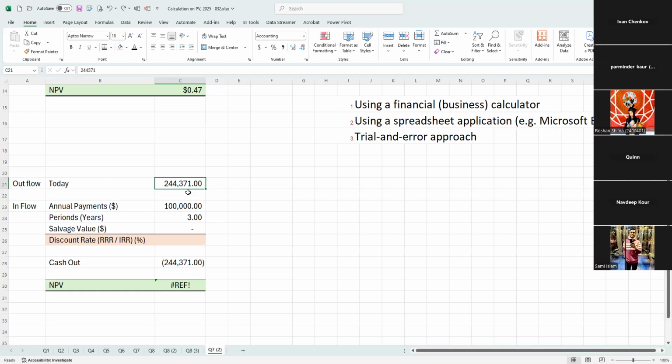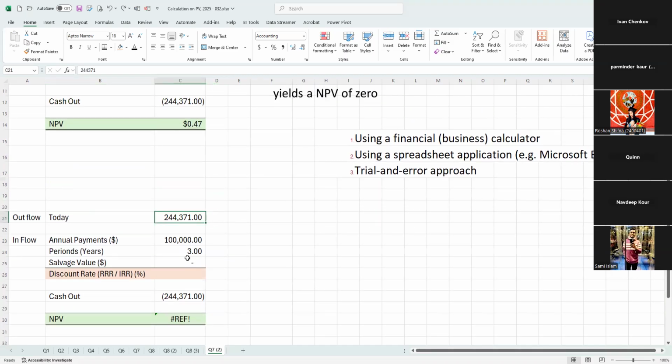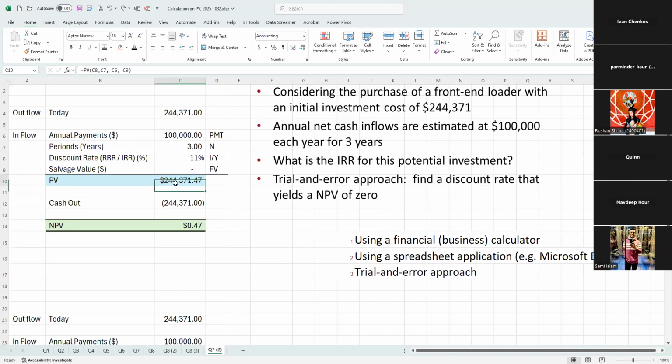So in that case, this is how much I want to get today, correct? When I do the entire calculation, I expect my present value in this case to be equal to that amount. Make sense? Yes, sir. So if I get my present value to be equal to that amount, then my net present value will be 0.